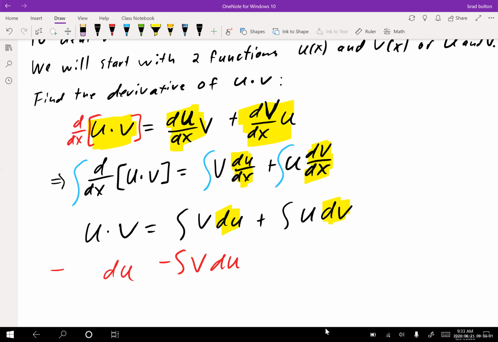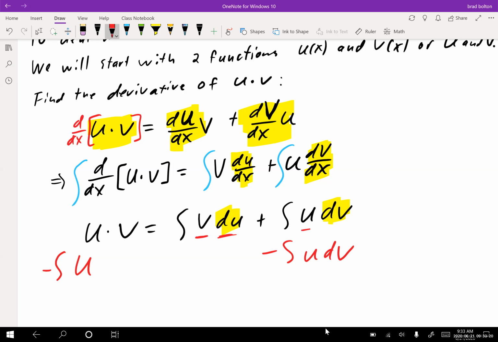Oops. Hold on real quick, you guys. I think I have it written backwards in my notes. So what I'm going to do is subtract this guy, u dv, over to here, because you guys understand that we can't really do much with either of these because the letters don't match, right? It doesn't really work how we want.